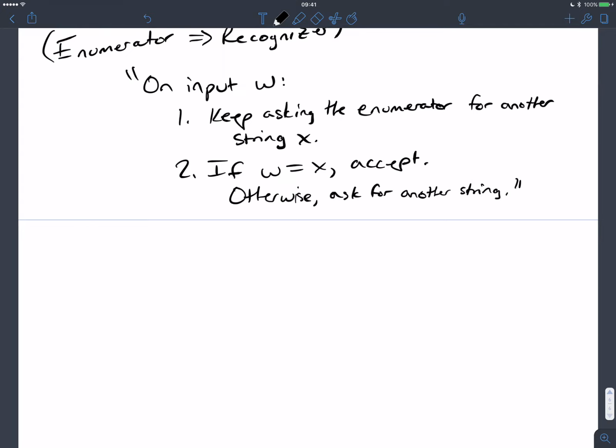And any two different programs do not correspond to the same integer. So therefore, there's at most the number of integers in programs, and so they only form a countable set. And so therefore, you can't recognize all languages. But that doesn't tell you which languages are not recognizable, but we'll show that eventually.